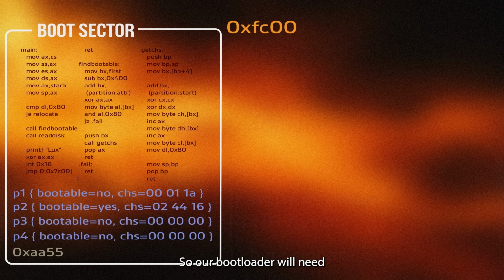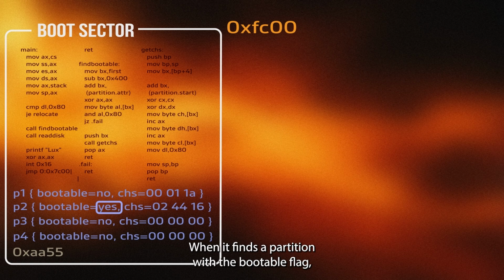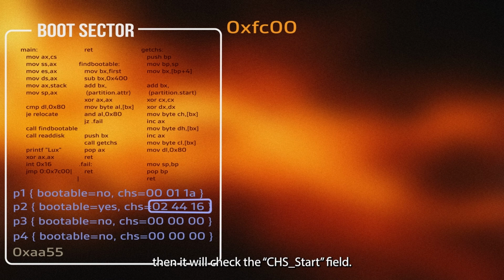So our bootloader will need to go through each partition and check the bootable flag. When it finds a partition with the bootable flag, it will check the CHS start field.